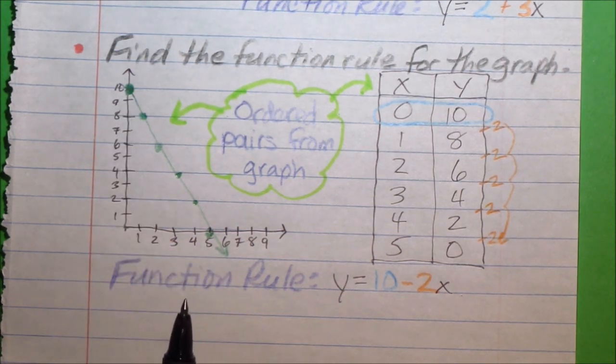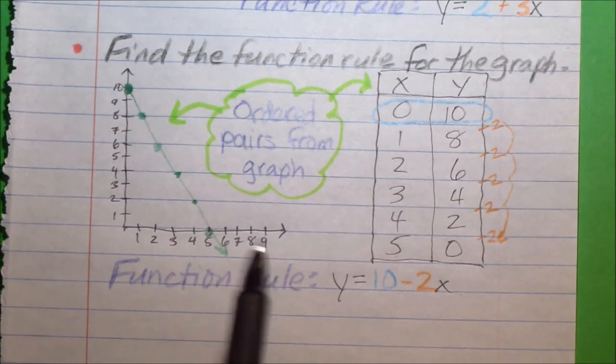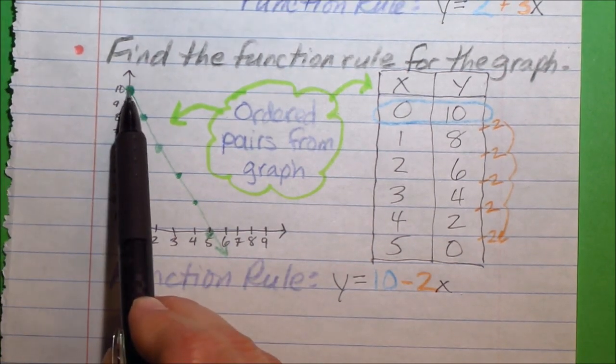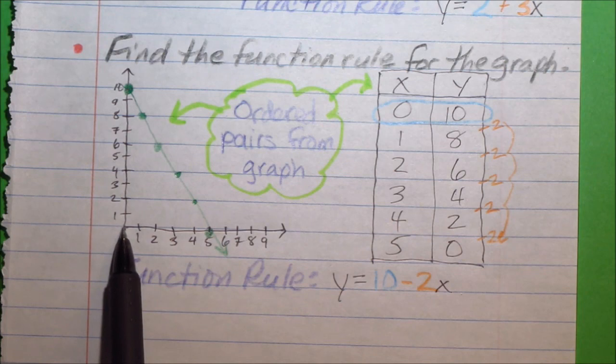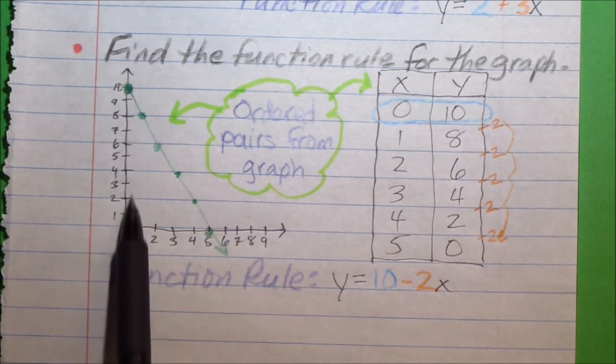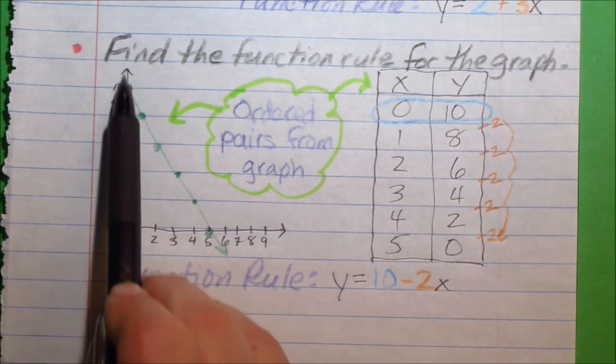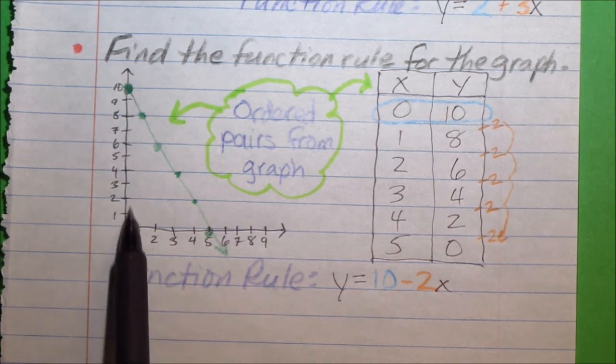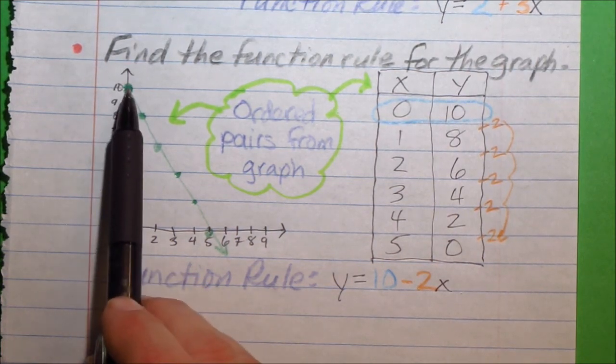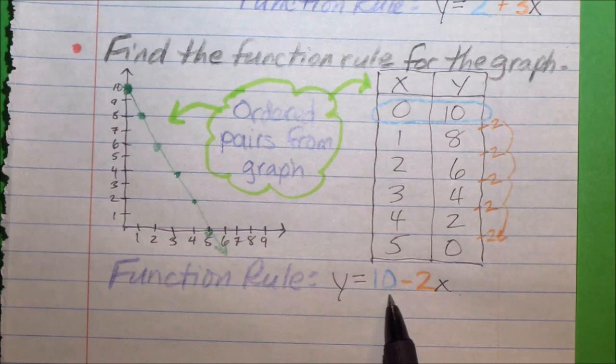So without even making an input-output table, you know your start value is going to be 10, because your start value is always going to be the point that is on the y-axis, because whatever's on the y-axis has an x of 0. So that's how I know 10 is my start value.